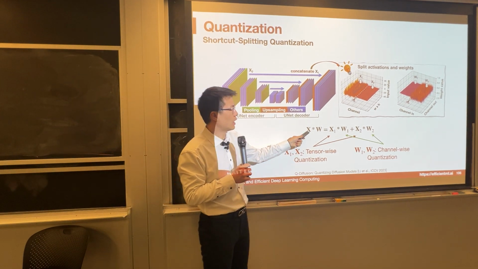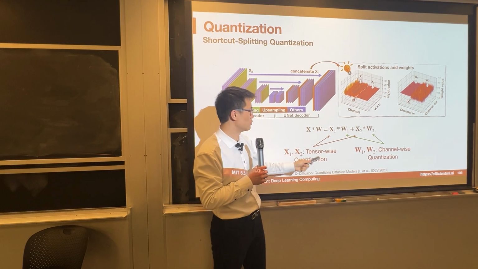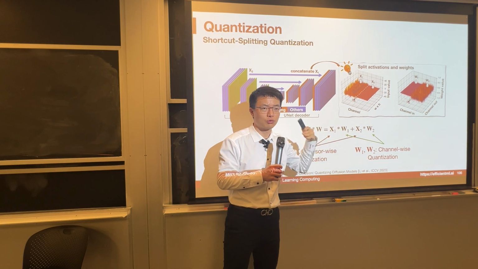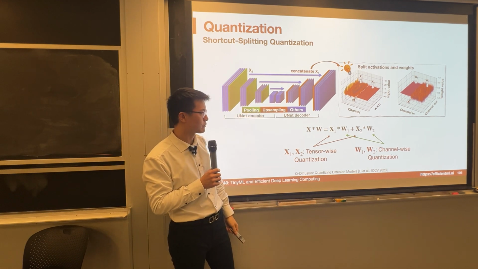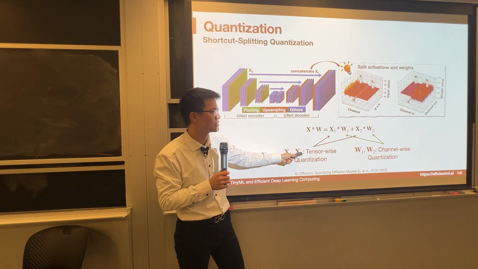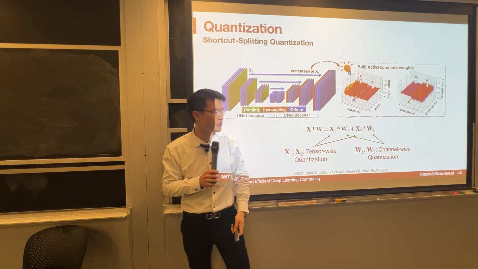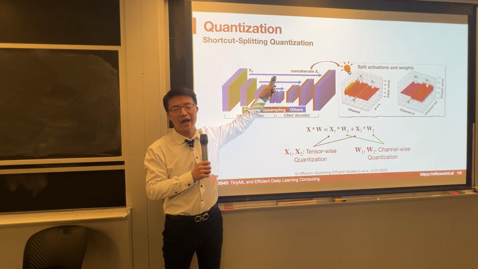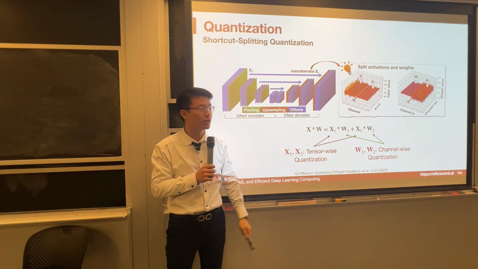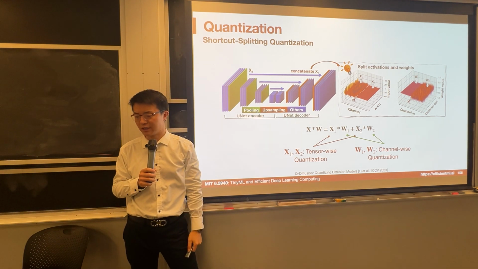Rather than quantizing them in the same manner, we want to separate these two tensors and quantize the weight and activation for them separately. So they call it tensor-wise quantization, and for the weight they are using channel-wise quantization. The key reason is this bypass branch, concatenating the downsample features together with the upsample layers.